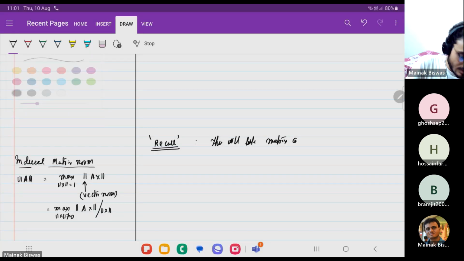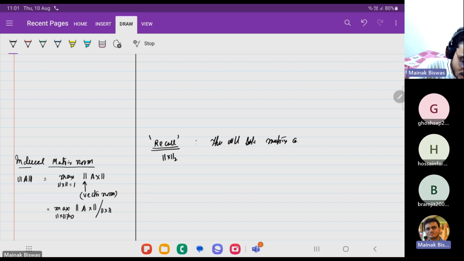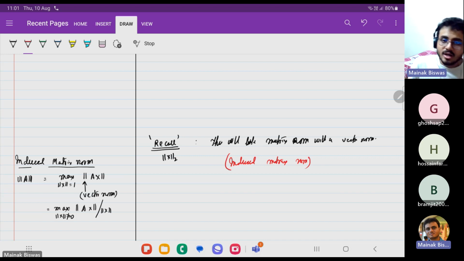So recall that we have done what is called a vector norm. And now we'll be linking matrix norm with a vector norm. So these are called induced matrix norms. Now, why is this important?